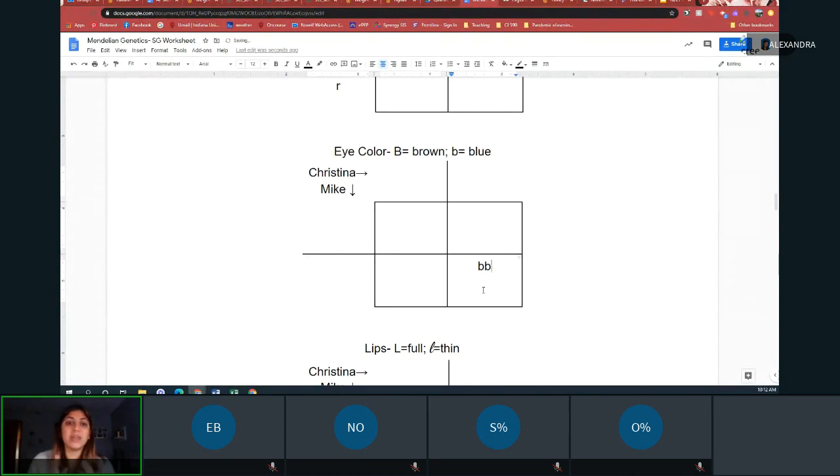We usually put the big letter in the front and then followed by the little letter, but it really doesn't matter which way you put it. But this is just what looks better to the eye. So if he has blue eyes, he must have recessive. So already you guys can start to see a pattern. What do you think the genotype for Michael and Christina are going to be for their eye color?